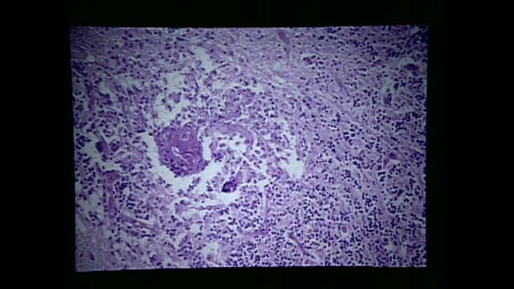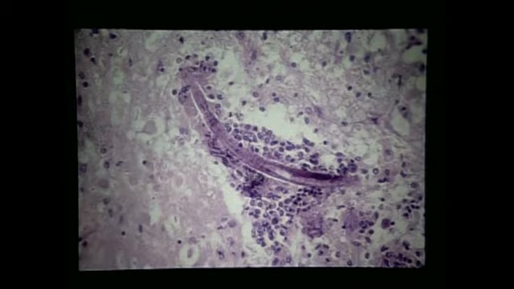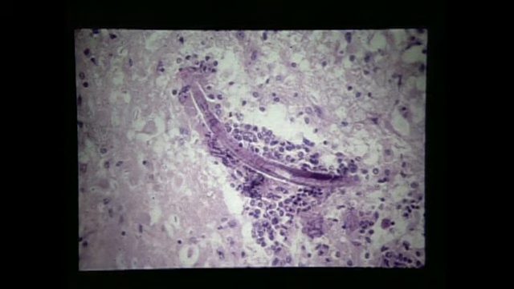As it applies to the cerebellum, the larvae can be easily identified. The adults are apparently only female and characterized by eggs and a rhabditiform esophagus. Here is the rhabditiform esophagus, and here are some eggs in the distal portion of the adult.